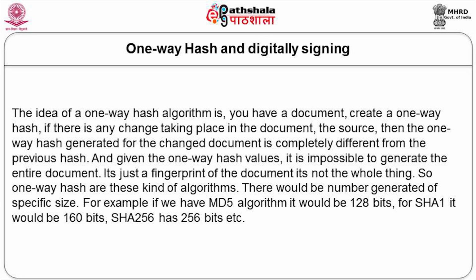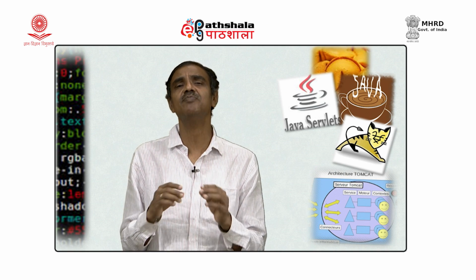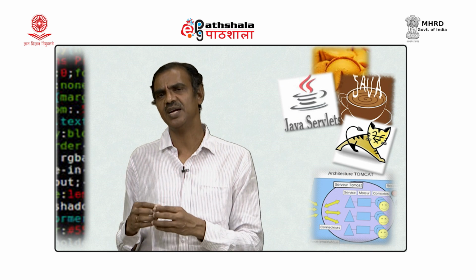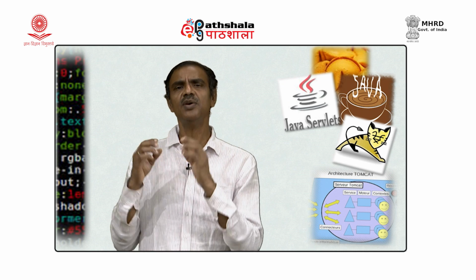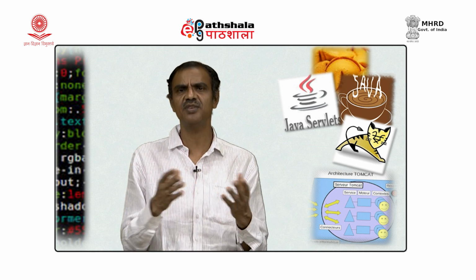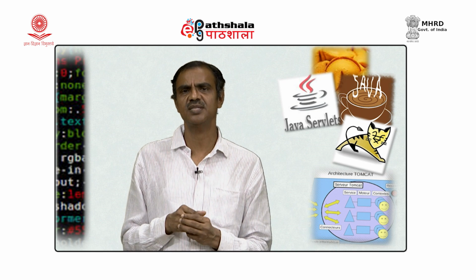If there is any change taking place in the source document, then the one-way hash generated for the changed document will be completely different from the earlier one. And given the one-way hash value, it is impossible to regenerate the whole thing. It is just a fingerprint of this, not the entire document itself.